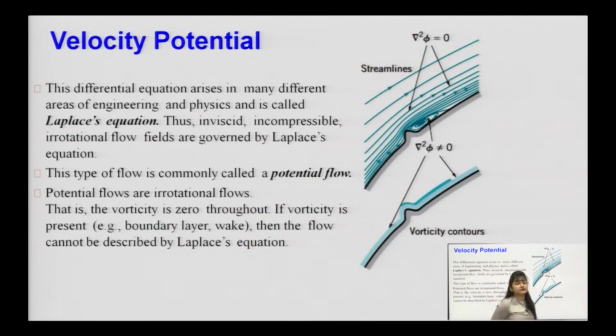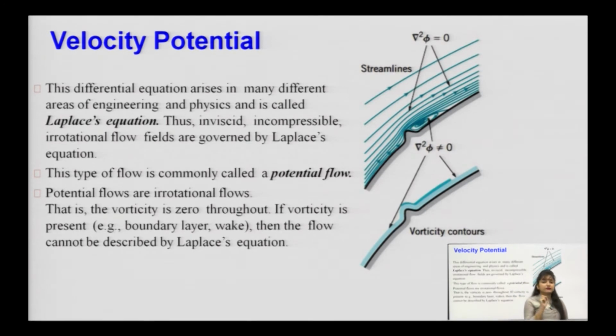Now, coming to differential equations, in various areas of engineering mechanics the Laplace equation plays a very important role, and if you talk about fluids, then incompressible irrotational flow fields are governed by the Laplace equation. We have already seen this in many equations and topics, and hence this type of flow is commonly known as potential flow, and potential flows are always irrotational, as we have already seen.